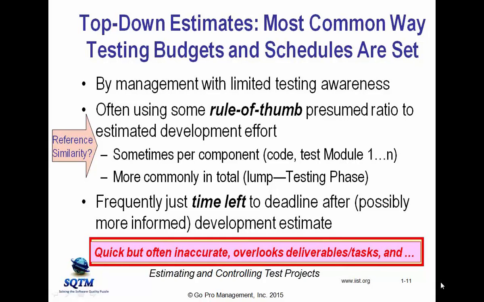The disadvantage is that they're generally inaccurate, because they tend to overlook all kinds of stuff. Everything that is overlooked is not going to be included in your estimate. And the people doing them don't have much of an understanding of what they're overlooking.